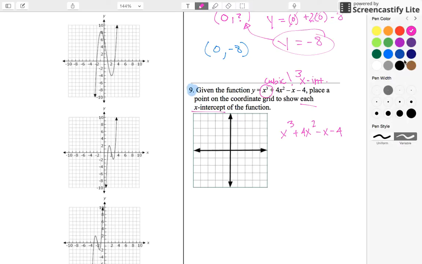Let's see. I'm going to group these because I see this is cubic. So group, group. Right here, I can see what we have in common. We have an x squared as the GCF, and we get x plus 4. Now here, I need to get the same thing in the next parentheses.